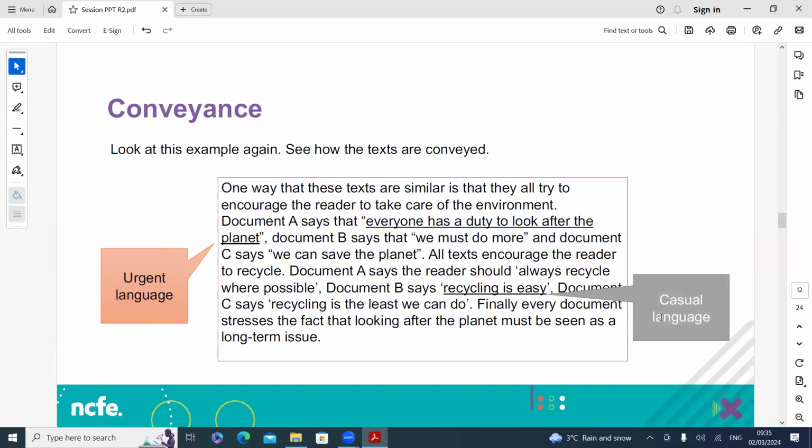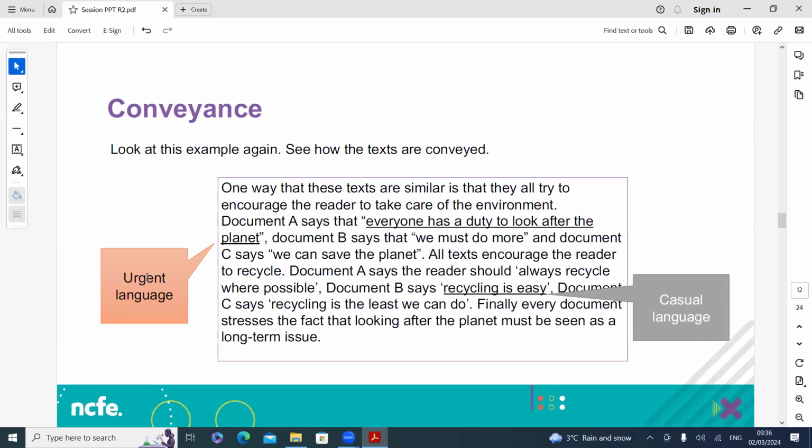So if you were answering that question of how are the texts similar, then we can see there that although there are similarities, there are differences in the style of the language.